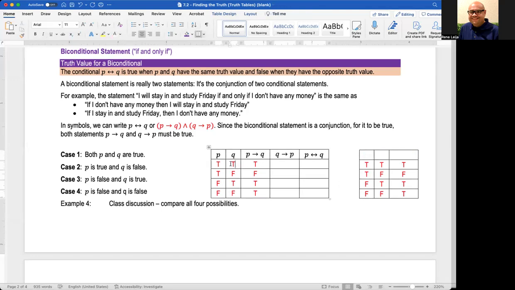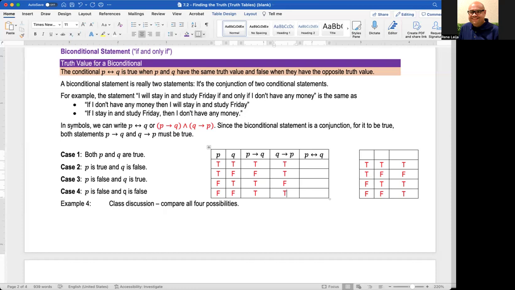So if true then true, that's going to be a true statement. If false then true, that's a true statement. If true then false, this is the only one that gives you the false statement. And then if false then false, that's true. So true to false is the only one that will get you a false statement. All the rest are true for the conditional.